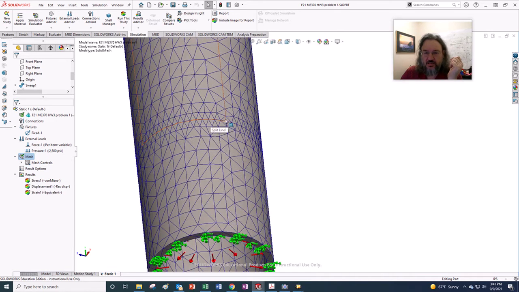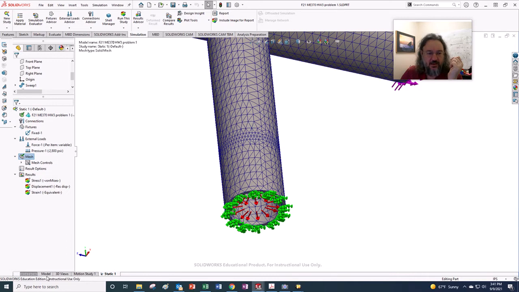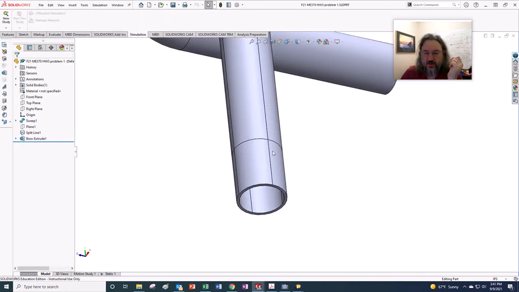I did increase some meshing around this location, and my modeling approach, by the way, was to model a little bit of the part below the area where I care about, because as you get closer to where the boundary conditions are, you could potentially get incorrect treatment.